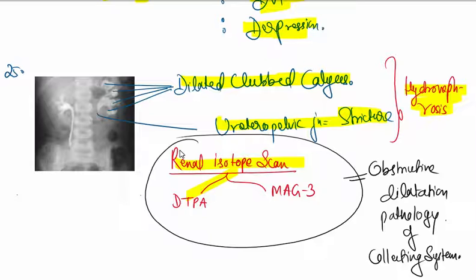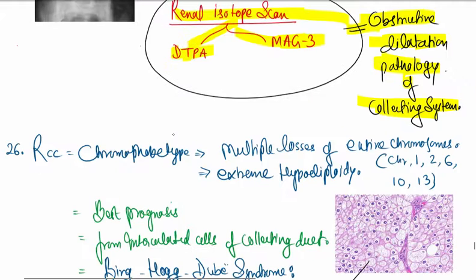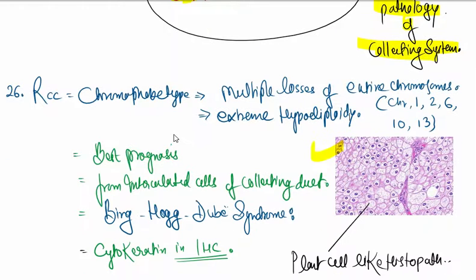Next one. So we see this histopathology. A plant cell-like histopathology is given here. This is the chromophobe type of renal cell carcinoma. Here there are multiple losses of entire chromosomes, chromosome 1, 2, 6, 10 and 13, and extreme hypodiploidy is seen.